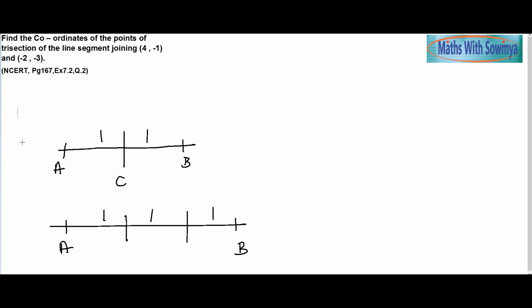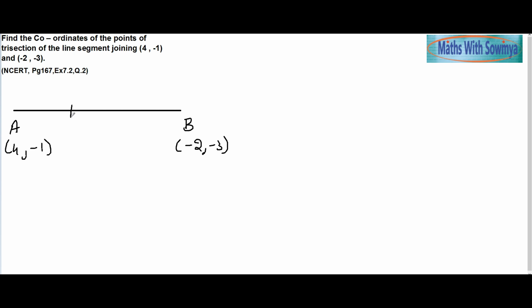Let us take a line segment, and call the ends A and B. A is (4, -1) and B is (-2, -3).